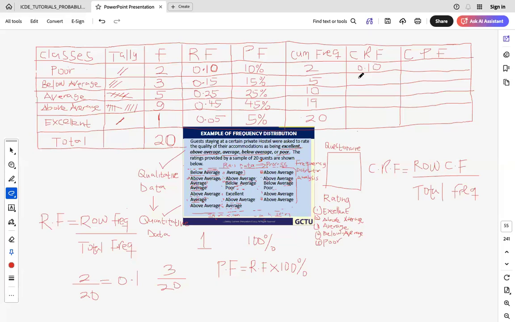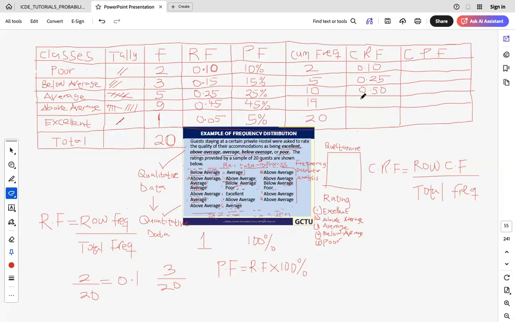You have 0.25. Very, very good. Then the third one, 10 divided by 20. You have 0.50.